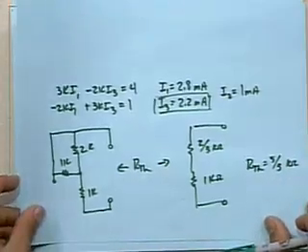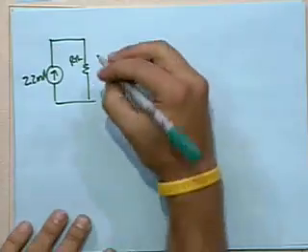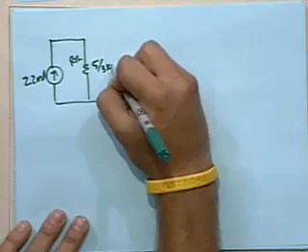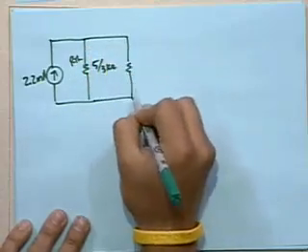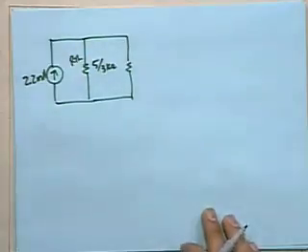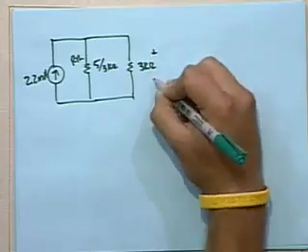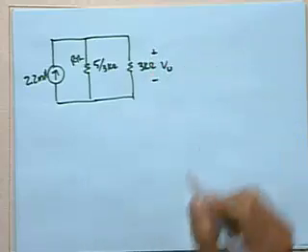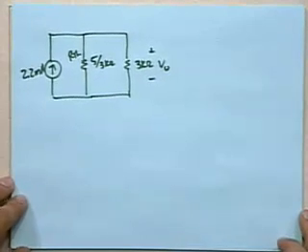So we can plug that into our Norton equivalent that we had over here, which is 5/3 of a kilo ohm. And we can attach our load back on, which was a 3K resistor. And what we want to find is the voltage across that 3K resistor. Given what we have, that's not a particularly fun thing to solve for.